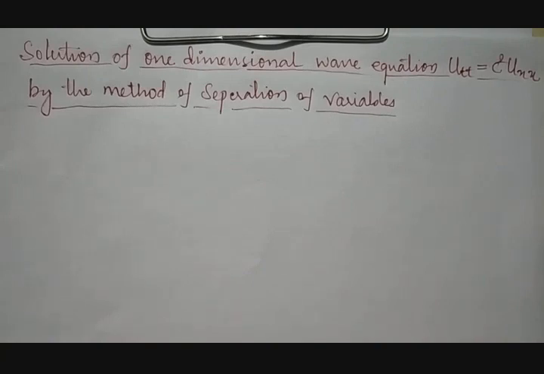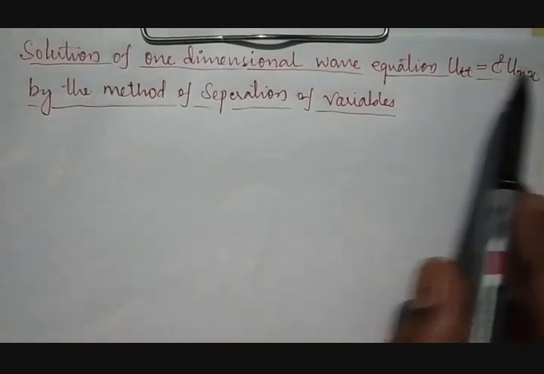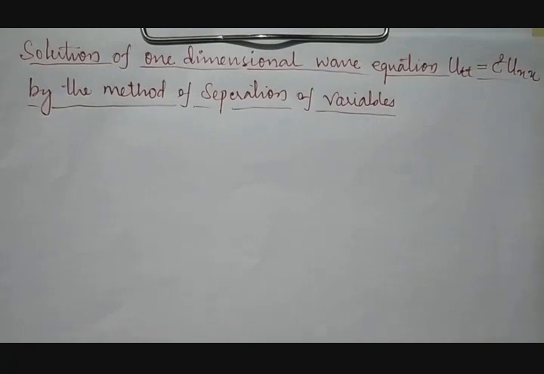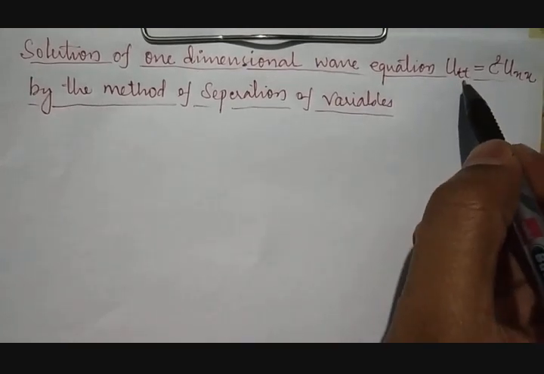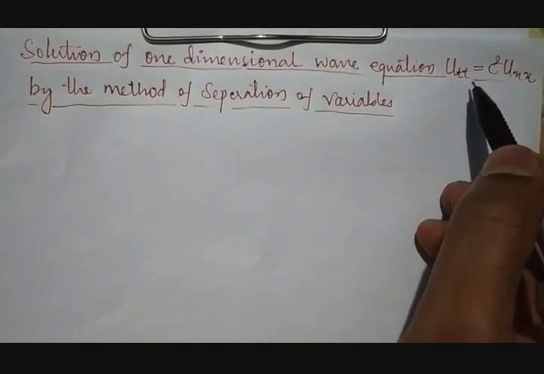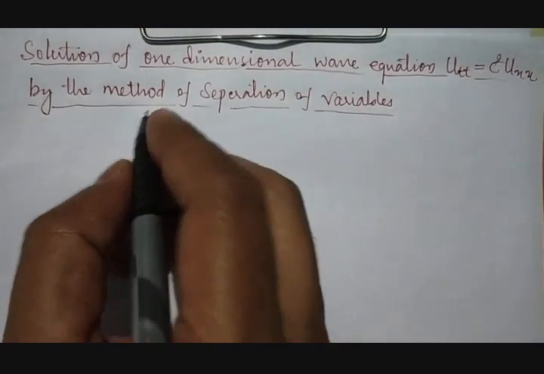Today we'll discuss a solution of the one-dimensional wave equation, that is u_tt = c² u_xx, by the method of separation of variables, meaning variable separation. In this example, the result is given: u_tt = c² u_xx.